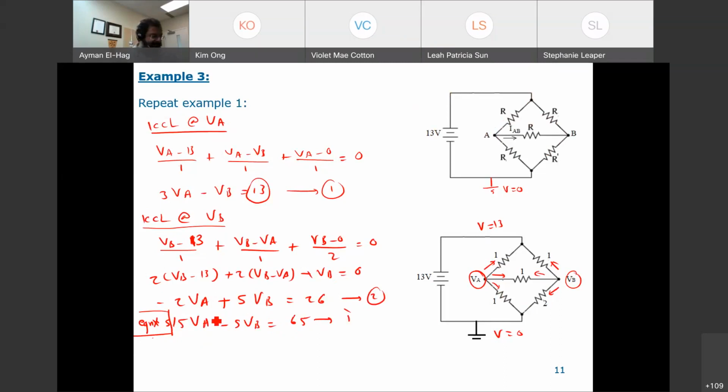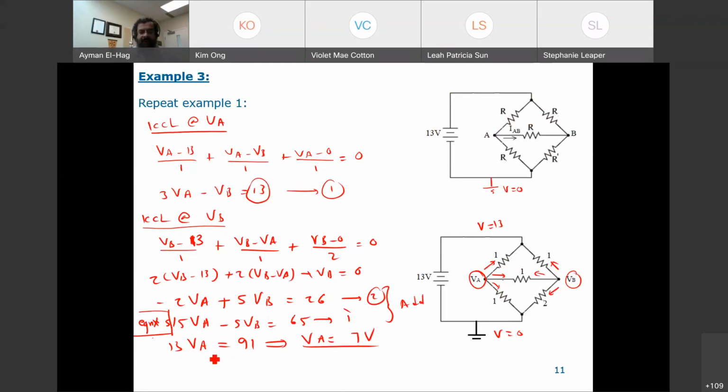Now, if I add these 2 equations together, we have 13VA. This will cancel, and this is equal to 91. From this, your VA will equal 91 divided by 13, which is 7 volts.